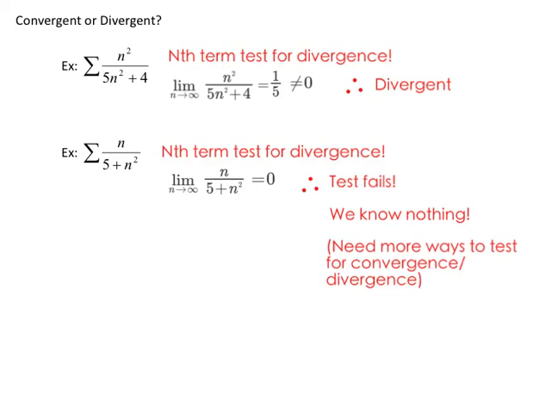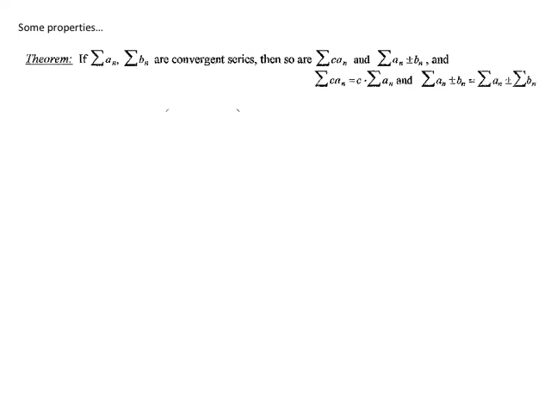Real quickly, we have some properties. If I have a convergent series and I multiply it by a constant, I can pull that constant out, and the series multiplied by a constant will also converge, because if I have a finite value to my sum and I multiply that finite value by 5, or 2, or -1/2, or even 784, I'm still going to have a finite value to my sum.